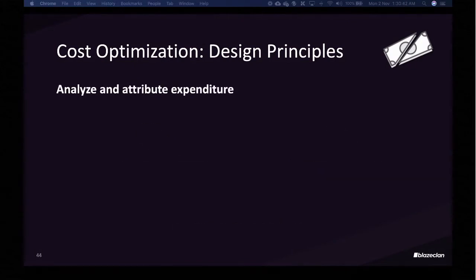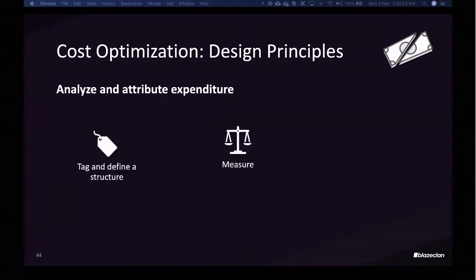So the next aspect is, how can you achieve the two points that we just mentioned? It is by analyzing and attributing your expenditure. There are three things that we will talk about, and the first two are about tag and define a structure.